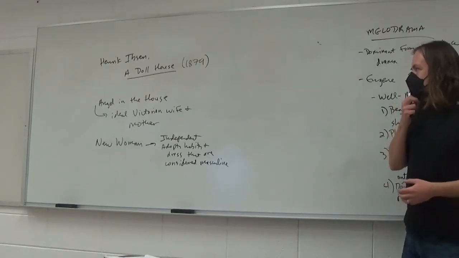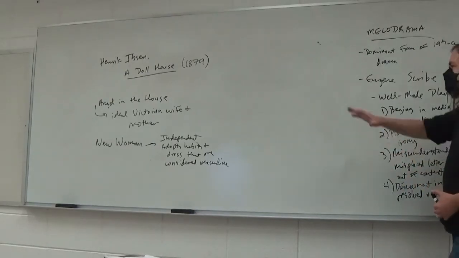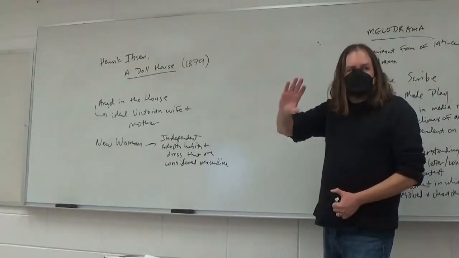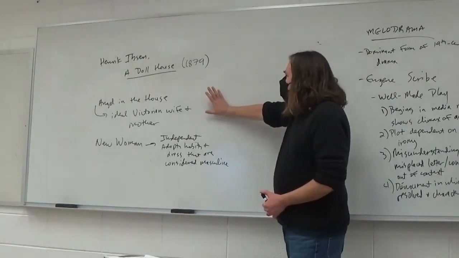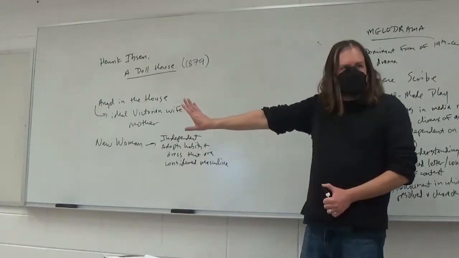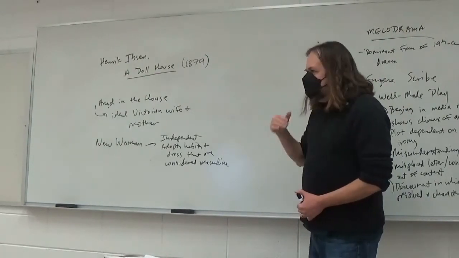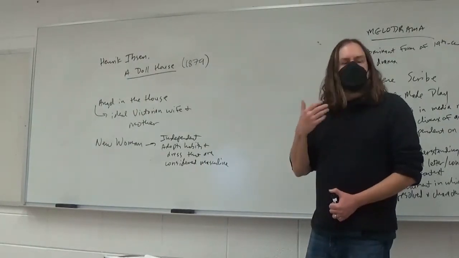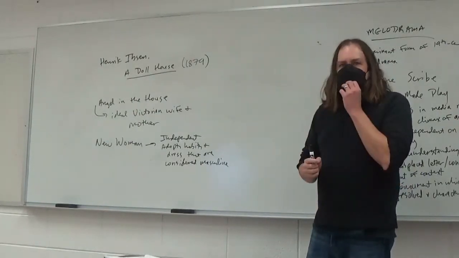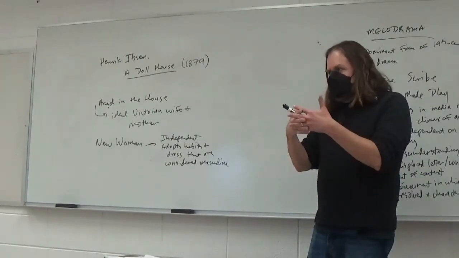And so Shaw is writing this play as this tension between the ideal housewife and this independent idea of womanhood are kind of really coming more and more at odds with each other, right?